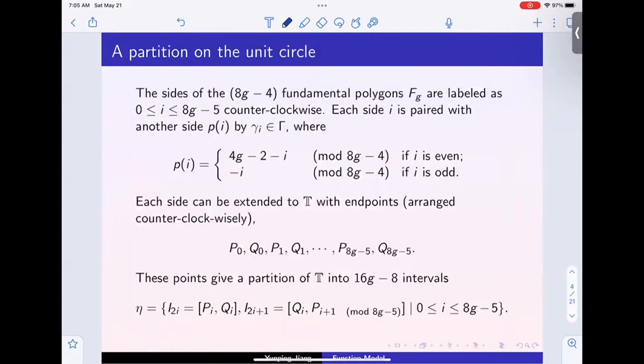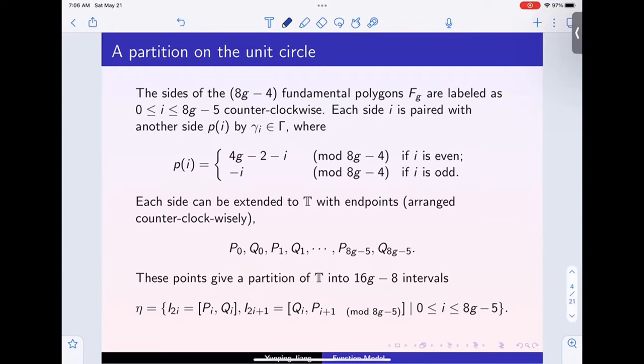Those endpoints we label as P0, Q0, P1, Q1, up to P_{8g-5}, Q_{8g-5}. These points are arranged counterclockwise on the unit circle as 16g minus 8 points.